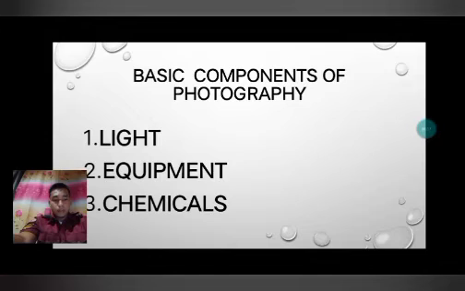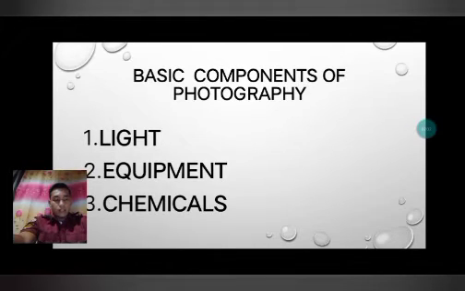Second is equipment. What is equipment? When equipment helps the photographer express their creative vision, the equipment becomes a tool and not just some expensive toy. Third is chemicals. What are chemicals?